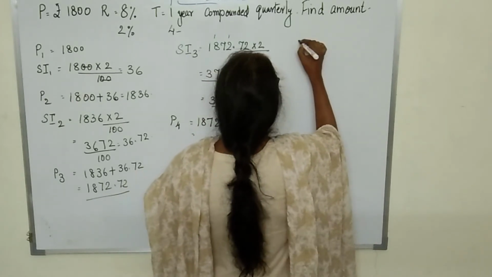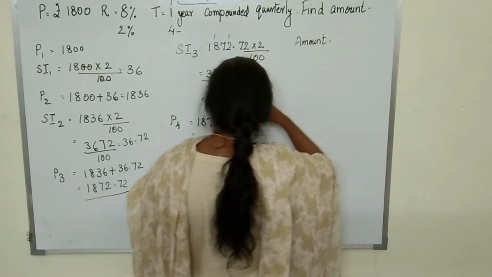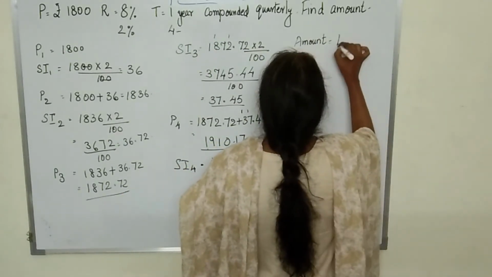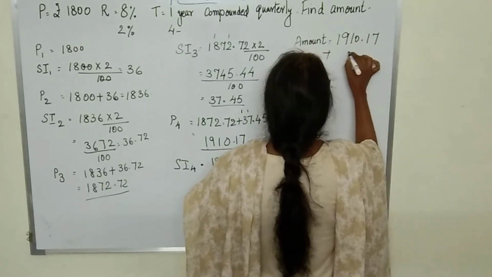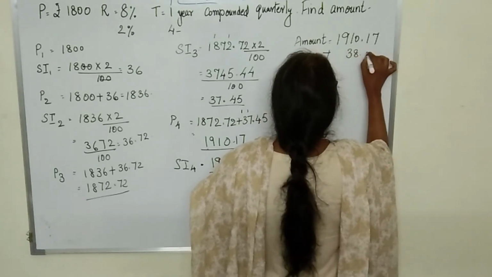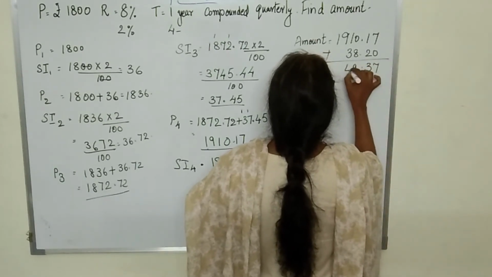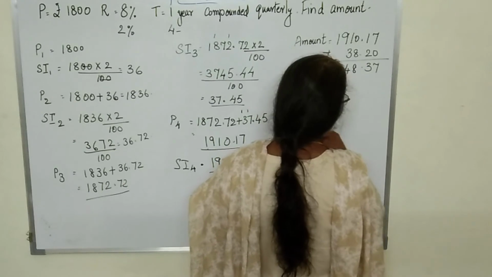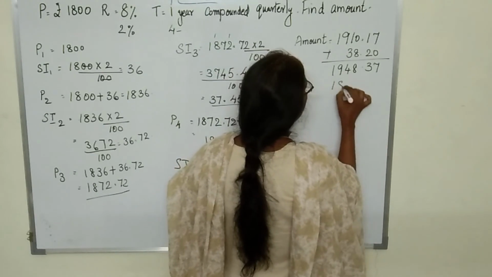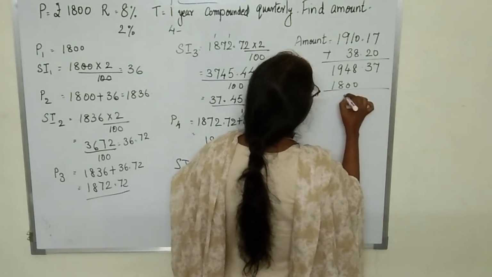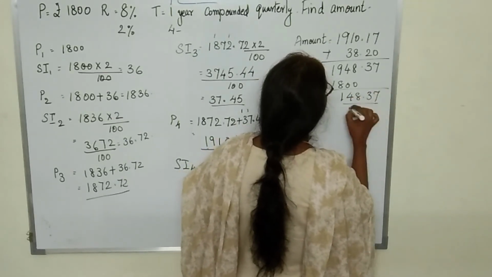The amount will be equal to 1910.17 plus 38.20, which is equal to 1948.37. So the compound interest is, subtract 1800 from this, you will get 148.37.